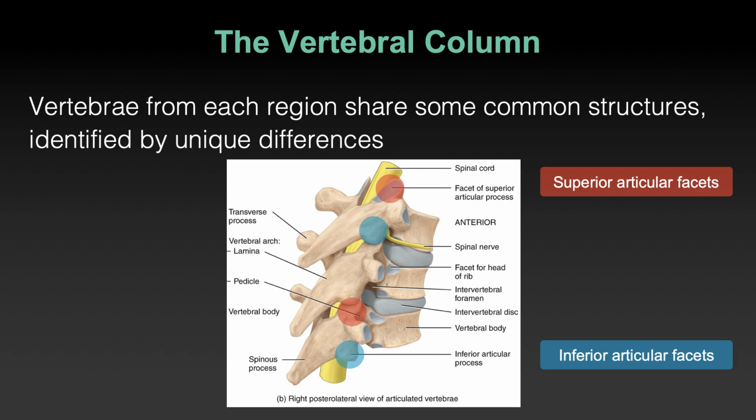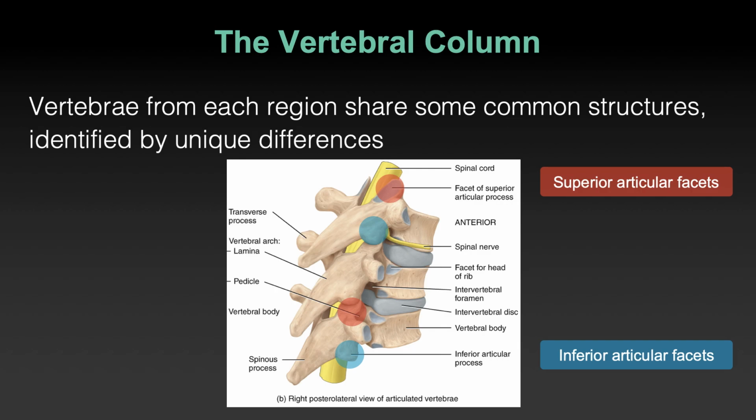So there's the body with the arch and processes coming off of the posterior aspect, and now these things extend up and down, superior and inferior. And since they articulate with the vertebrae that are superior and inferior, they end up creating another foramen, another passageway.